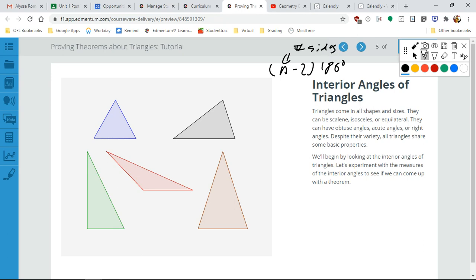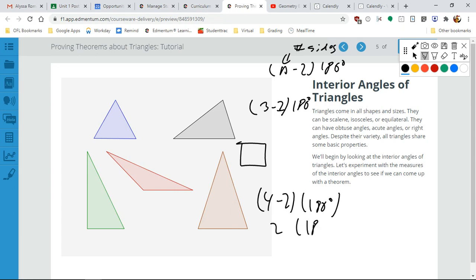So for example, if you have a triangle, 3 take away 2 is 1, times 180. But if you have a square, a square has 4 sides. 4 take away 2 is 2, and when you multiply it by 180, you find out that you need 360 degrees.